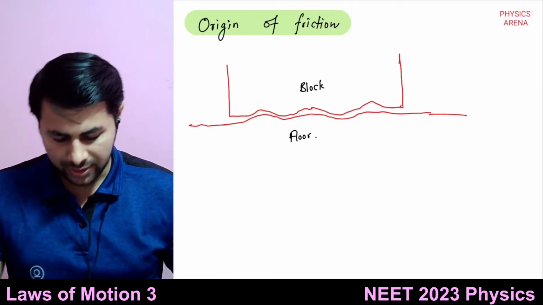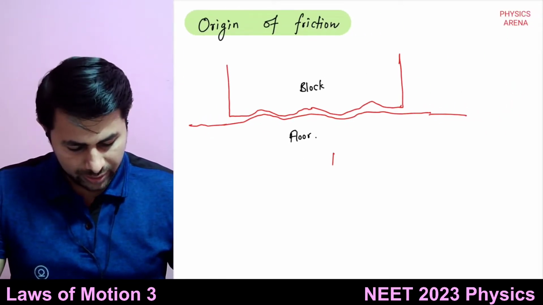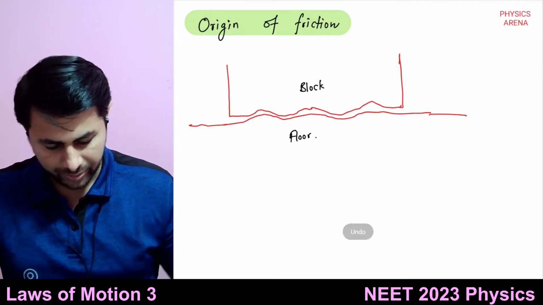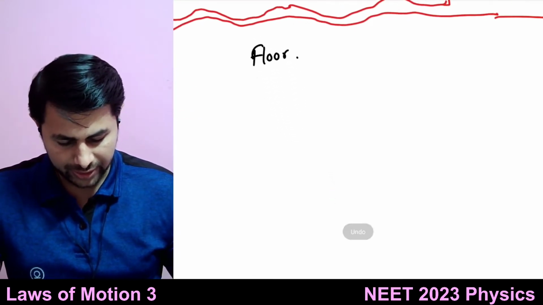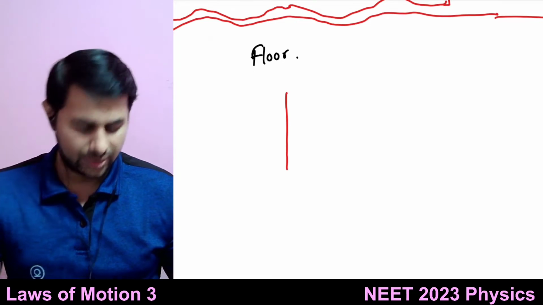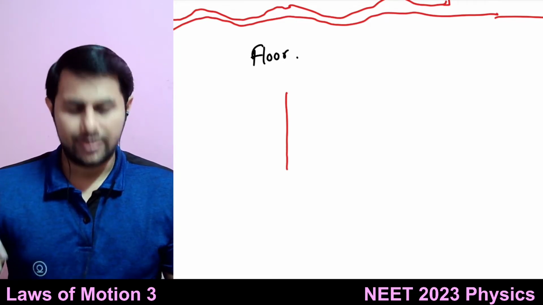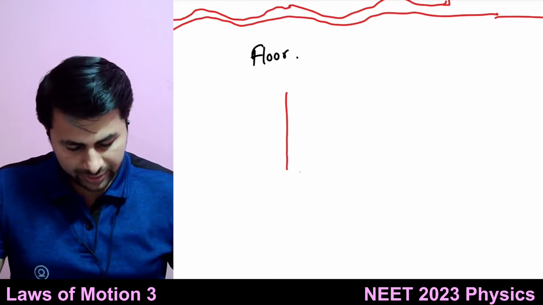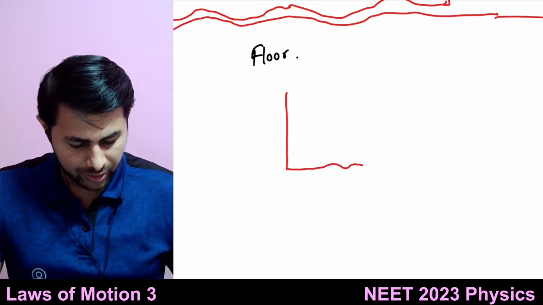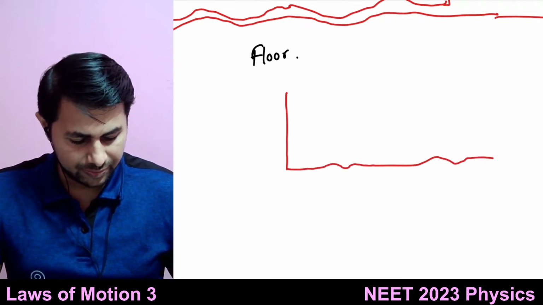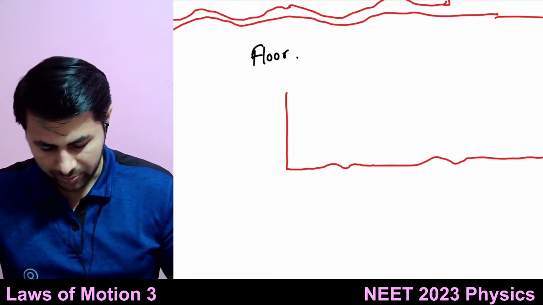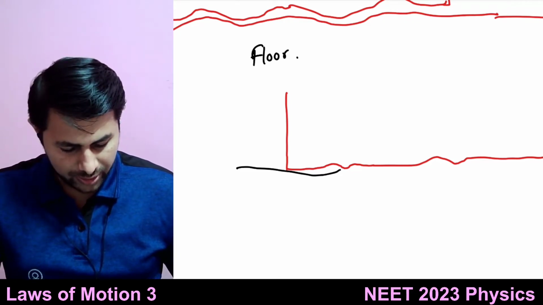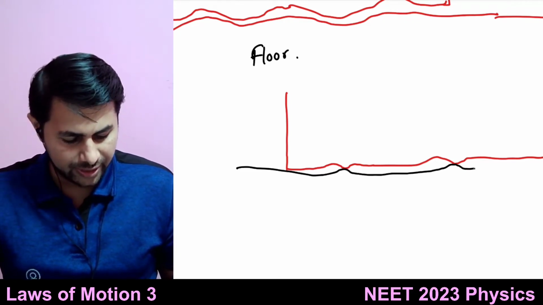So another reason is, now this block and floor, they are in contact with each other. So at the microscopic level, there are the molecules of these two surfaces in contact. Molecules of block and molecules of floor are in contact with each other.